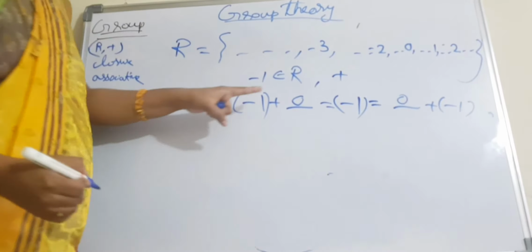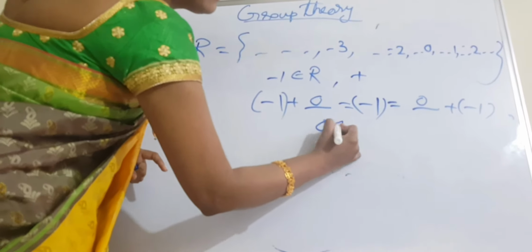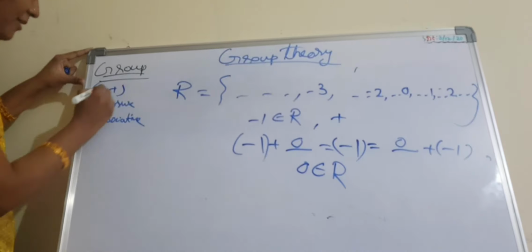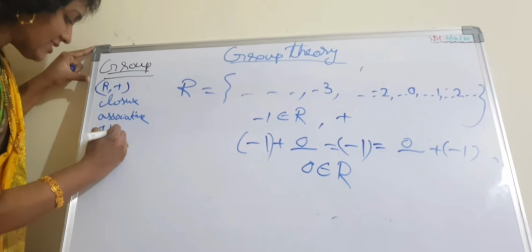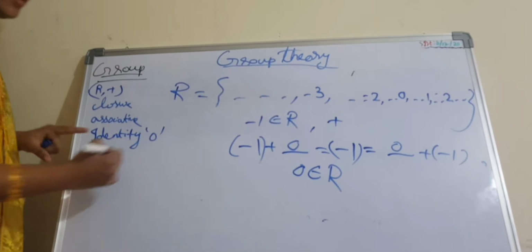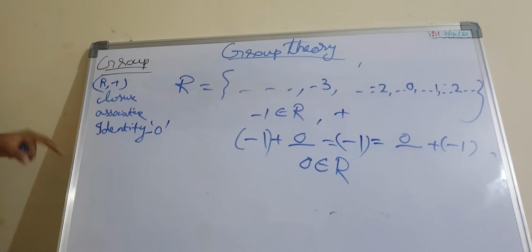Does 0 belong to real numbers? Yes. Therefore R plus satisfies existence of identity. The identity element is 0 with respect to plus.